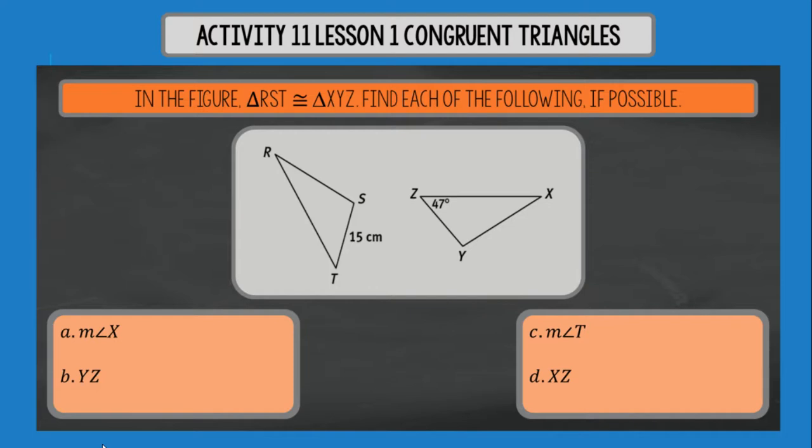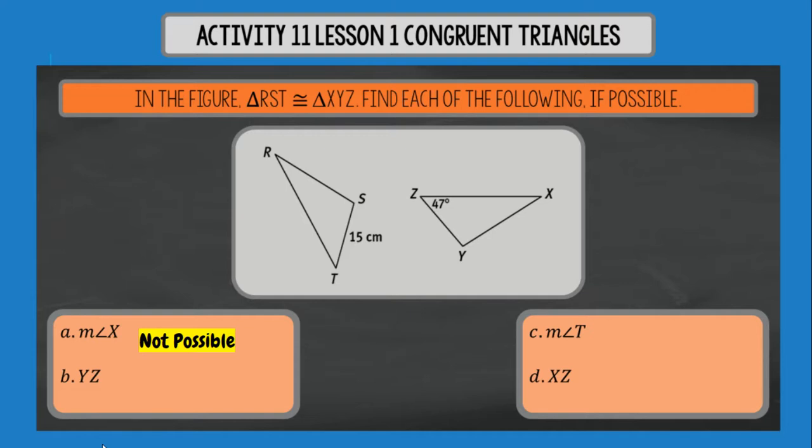What does X have to be the same as in the other triangle? R. Do we have a measure for R? If I don't have a measure for R and I don't have a measure for X, then it's not possible to find that missing angle. I don't even have enough to use trig.